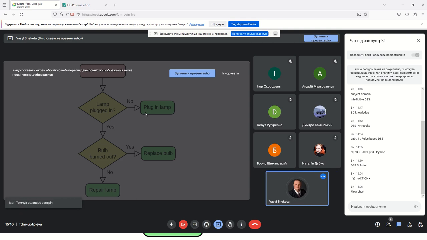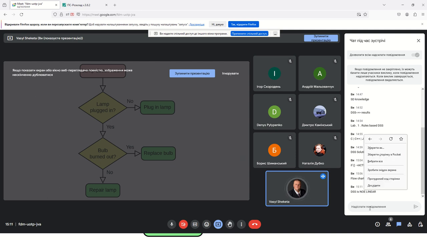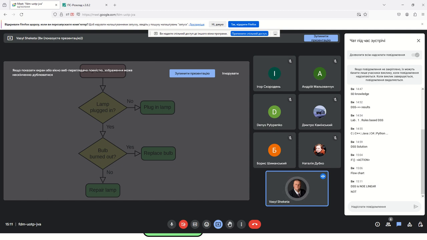Generally, it's not true. It's not true because that would be linear. No, DSS is not linear. It's far from linear because DSS is a much more complicated way of finding solutions.